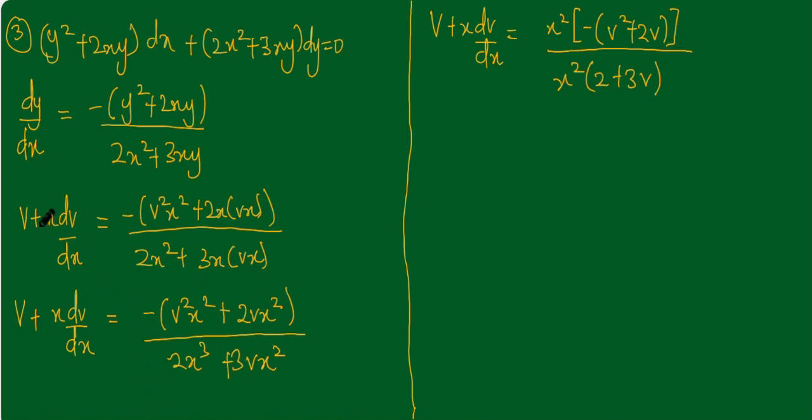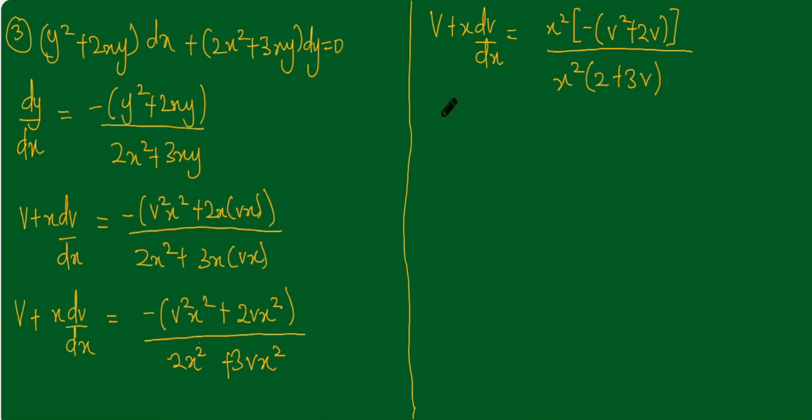So I wrote cube here instead of squared for the 2x cube, so let's erase that off. And we have 2x squared here.